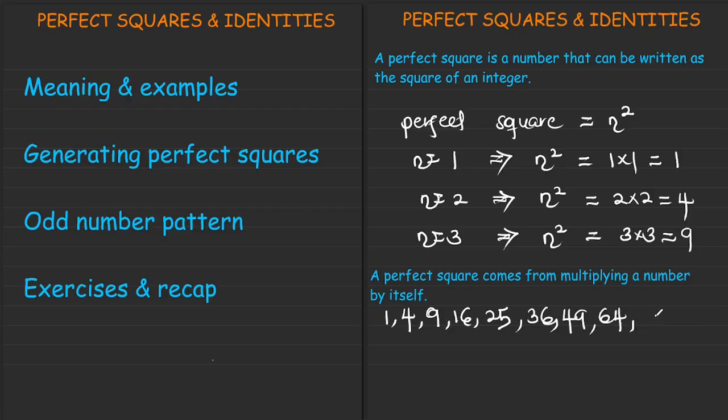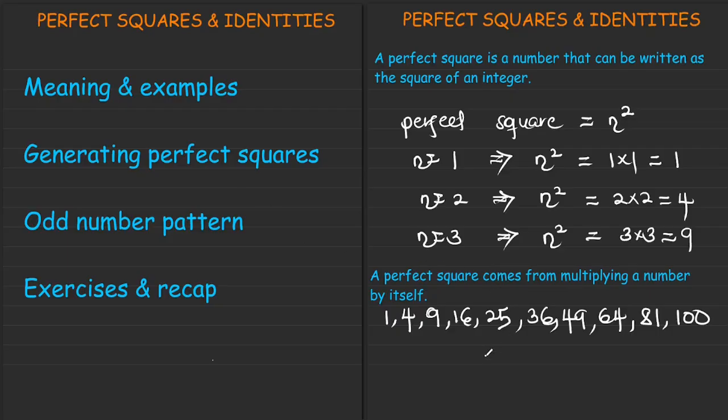Then 9 times 9 gives us 81. Then 10 times 10, which gives us 100. This set is the first 10 perfect squares. From what you see over here, every number here is a perfect square.